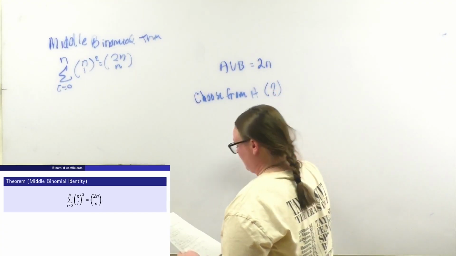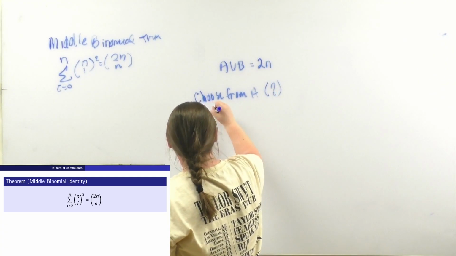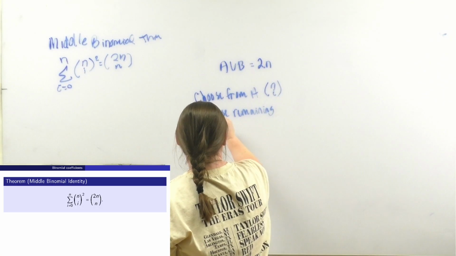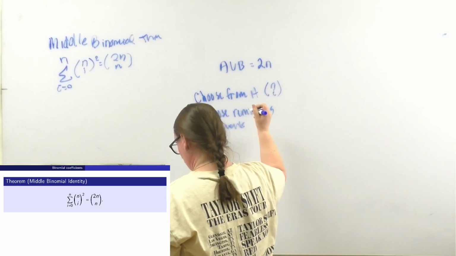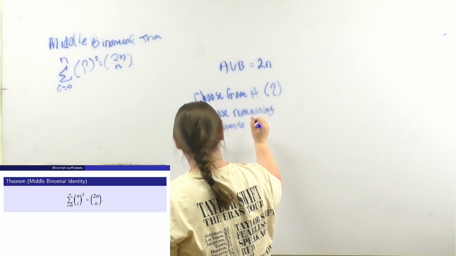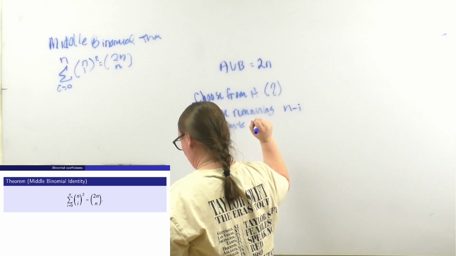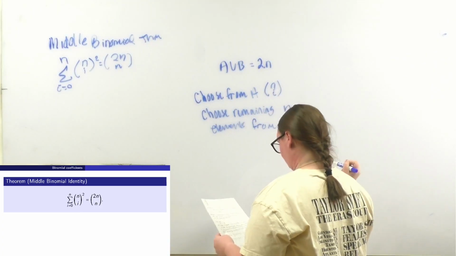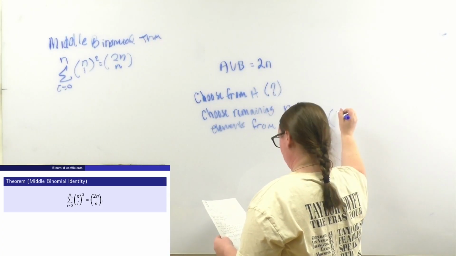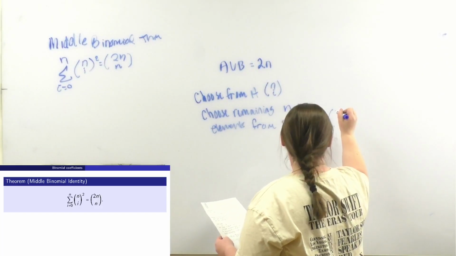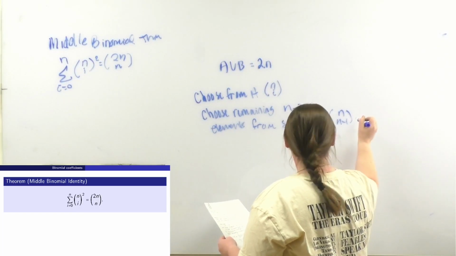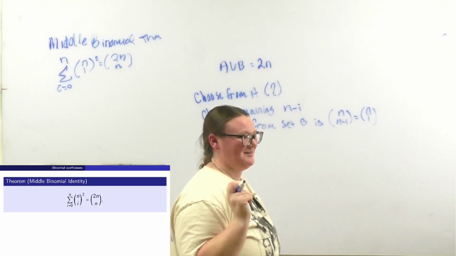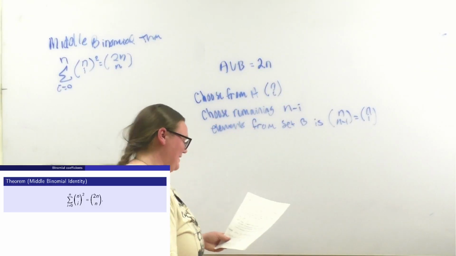And the number of ways to choose the remaining n minus i elements from set B is going to be n choose n minus i, which is actually, as we just found out, equal to n choose i. Wow.